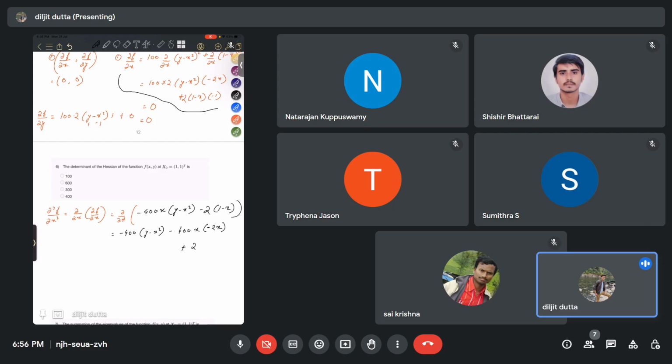At 1 comma 1, if we substitute here, this term will go to 0. The second term will have 800 plus 2, 802.